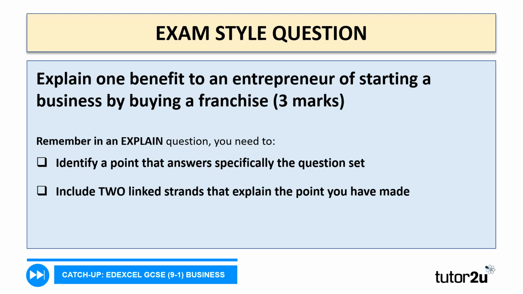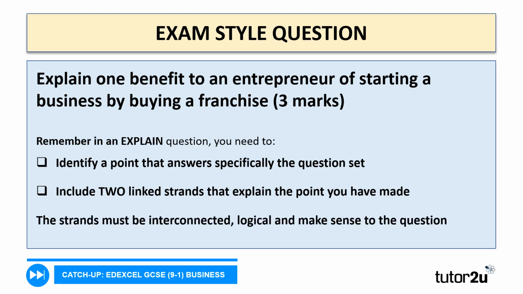And you are flagging to the examiner that you are making a strand through using connectives such as this means that, therefore, which in turn, or as a result. And there are others that you could use. These are just a few examples. Remember, your strands must be interconnected, logical, and make sense to the question that is set.